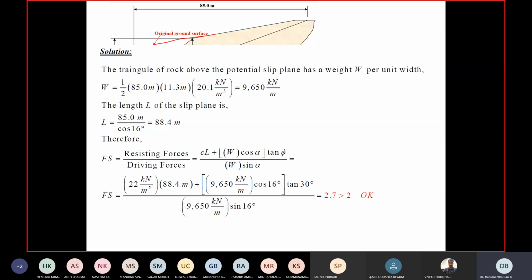So the resisting force is developing all along the length of the failure plane, which can be written as CL plus W cos alpha into tan phi, divided by W sin alpha.